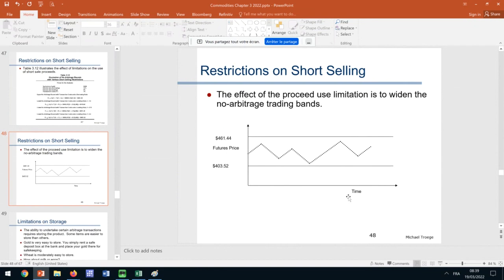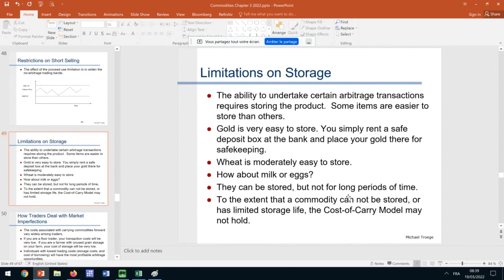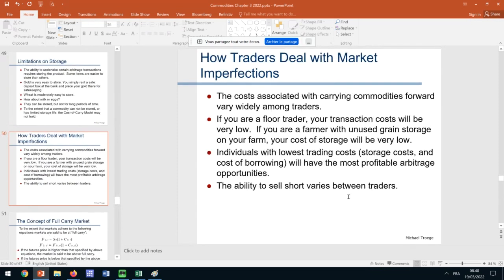Now, limitations on storage, same thing. If you have cattle, or milk or cheese, a cash and carry operation is maybe not such a good idea, because you have to store the commodity, and you have to assume that the commodity, when you sell it again, remains the same as the one that you have stored, and that's also not always possible.